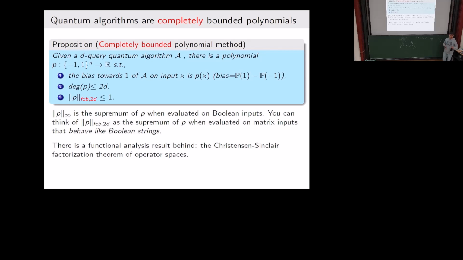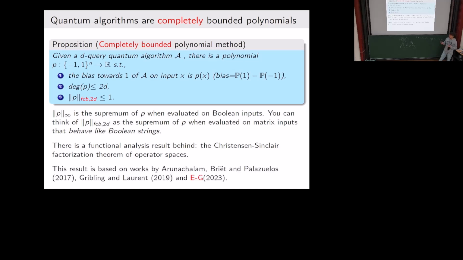So maybe some people working on functional analysis have heard of this, maybe not, because it's pretty particular to operator spaces. But there is a big result behind this, and this is the Christensen-Sinclair factorization theorem. So we took a while to really prove this refinement of the polynomial method because there was a result from another area that we needed to use.